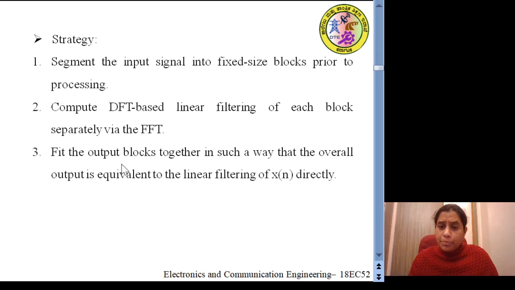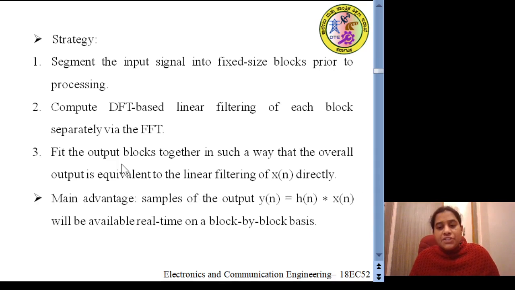Then we obtain blocks of output data. At the end, we take all those output blocks and fit them together such that the overall output is equal to the linear filtering of x of n taken directly.